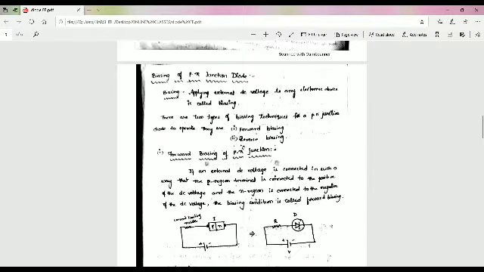This is called forward biasing. The forward biasing means connecting the P region to positive and the N region to the negative of the battery. This is the battery.